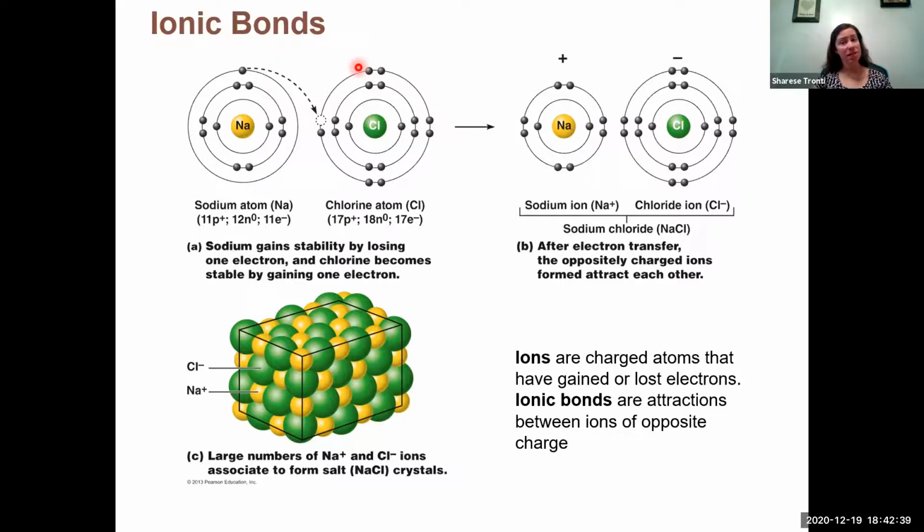So it just wants to get 1 more. Now if sodium just gets rid of its 1 electron in its valence shell, then down beneath it's going to have 8. So that's what happens. So sodium just gives up its electron and gives it to chlorine. So now sodium has 8 and chlorine has 8 in their valence electron shells.